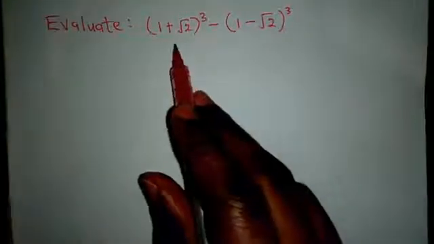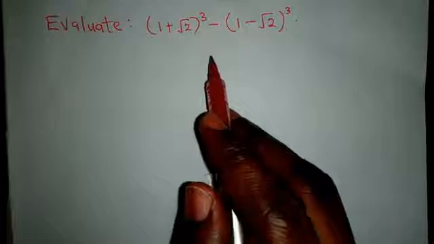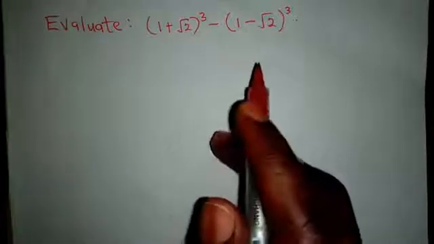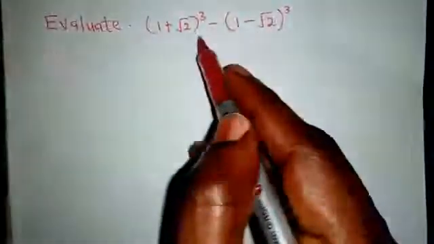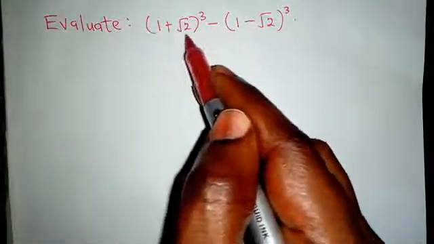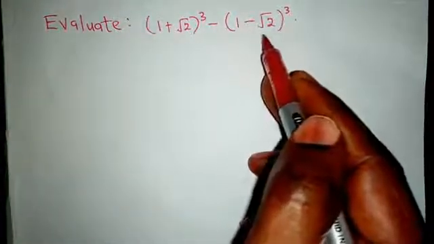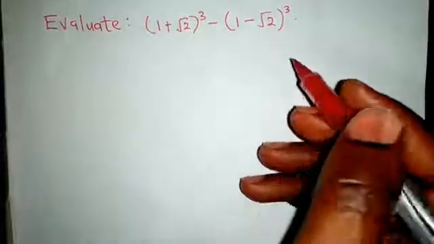Evaluate 1 plus root 2 cubed minus 1 minus root 2 cubed using the binomial theorem. So we expand this using the binomial theorem, expand these two, and then subtract the results.